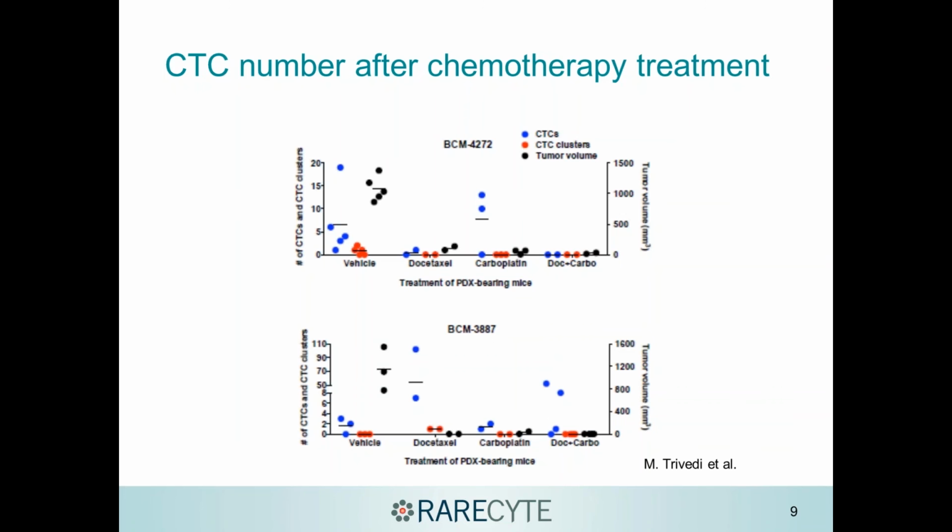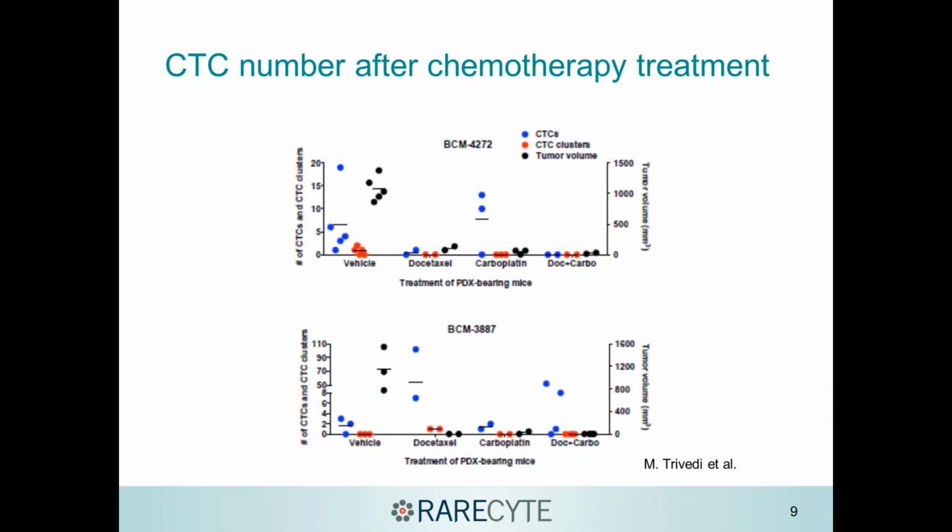In this next experiment that I'm showing, we tested two different PDX models, BCM4272 and BCM3887, which are both triple-negative breast cancer models. We treated these mice with either a vehicle, docetaxel, carboplatin, or the combination of both of these once the tumors had gotten to a certain size.